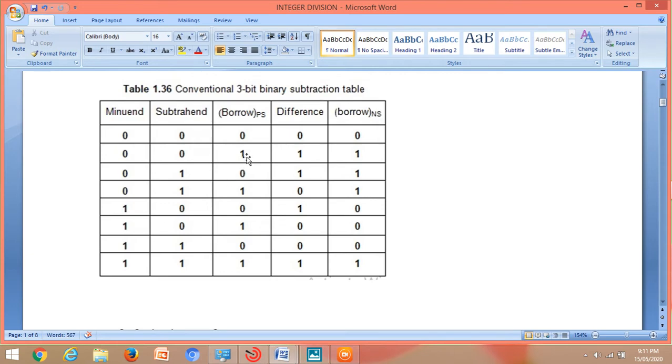So 0 minus 1, the answer is 1 and borrow is 1, as we have seen in the previous table. Now take 0 minus 1: the answer is 1, borrow 1. Then minus 0, the answer will be 1, borrow 1.